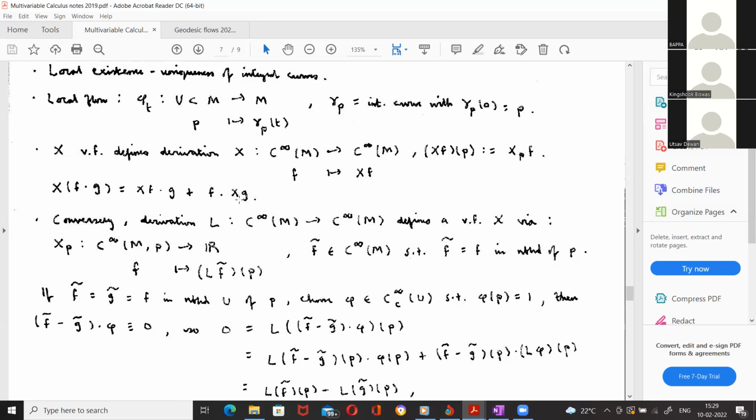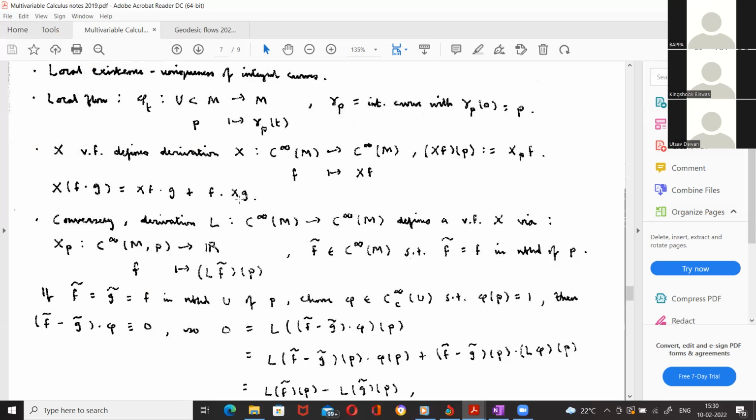Yes, sir. Okay. So algebraically, a vector field defines for you what's called a derivation of the algebra C infinity(M). That means a linear map from C infinity(M) to C infinity(M), which satisfies the Leibniz rule: X of fg is Xf into g plus f into Xg.